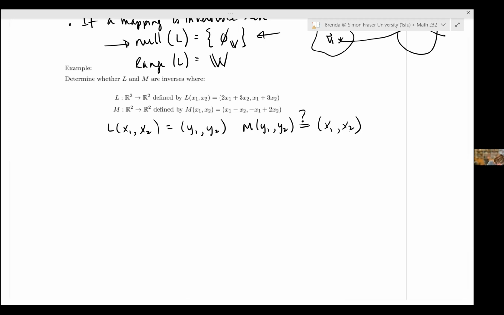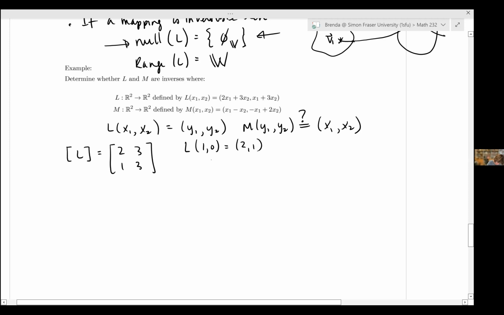So one way of doing that is to form the matrix for the linear transformation of L. There it is, 2, 3, 1, 3. How did I get that so quickly? Well, L of 1, 0 is 2, 1, and L of 0, 1 is 3, 3.